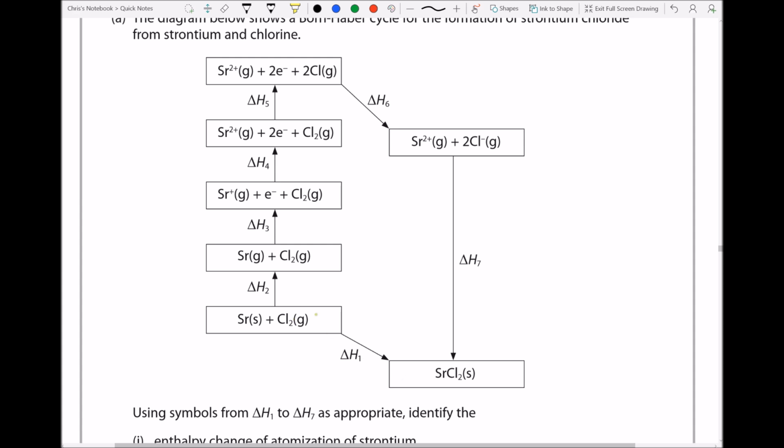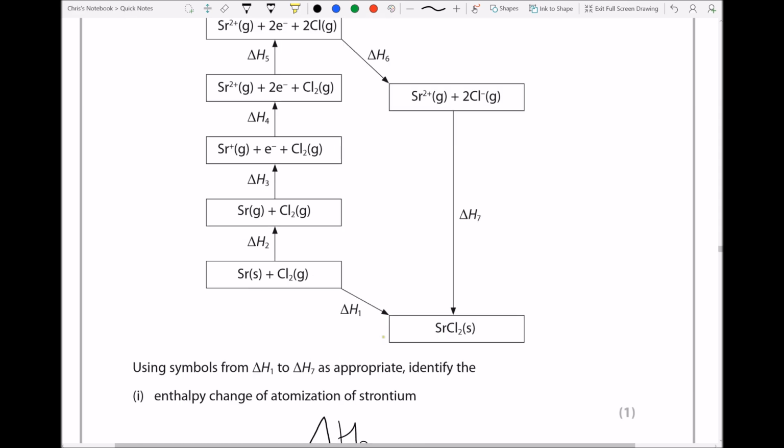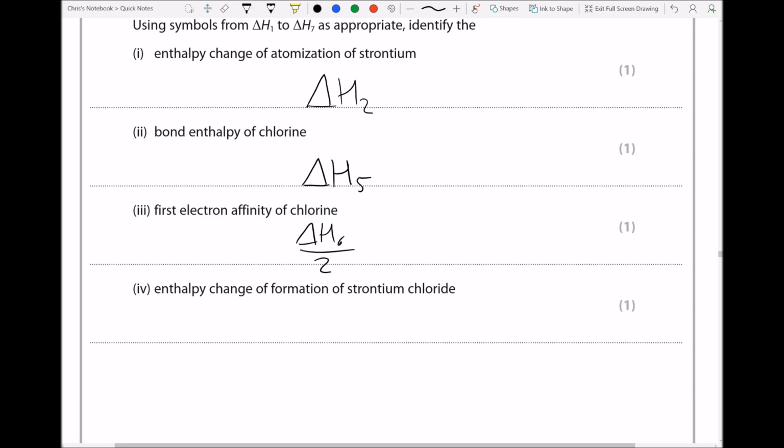So this is going from elements in their standard states, solid and gas, to 1 mole of an ionic compound in the solid phase. So this one is delta H1. That is the enthalpy change of formation, delta H1.